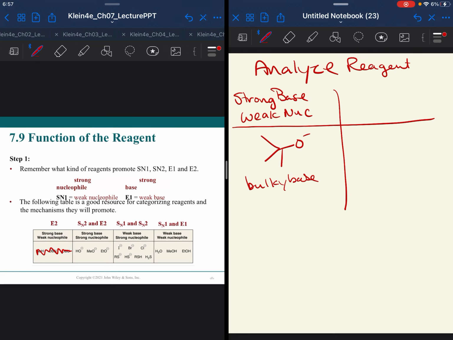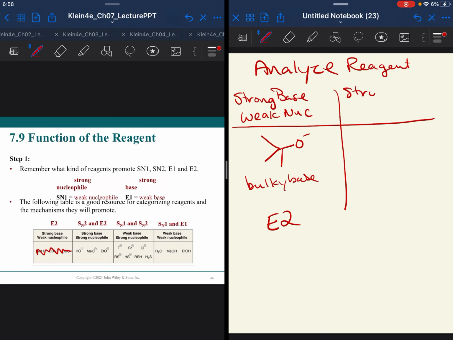It is not going to participate in a substitution reaction. It is going to eliminate. And because it is strong, it is going to give you an E2 elimination. And because it is bulky, it's going to tend towards the Hofmann product. But just figuring out mechanisms, this is going to give you an E2 mechanism. That's the only one in that category I want you to know.